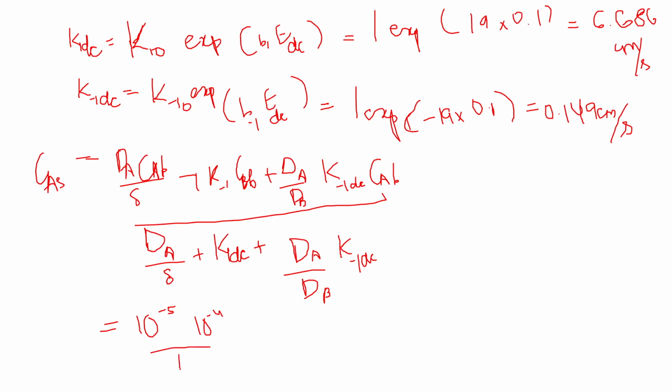Del is 10 to the power minus 3. K minus 1 is 0.149.